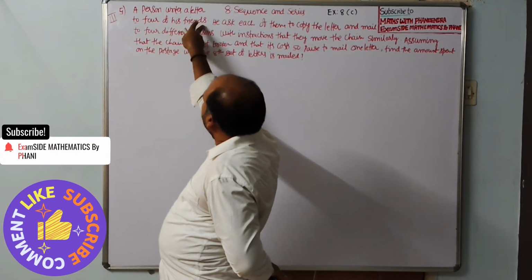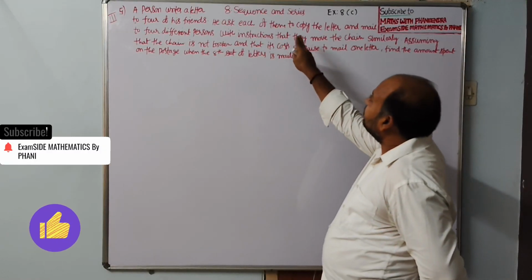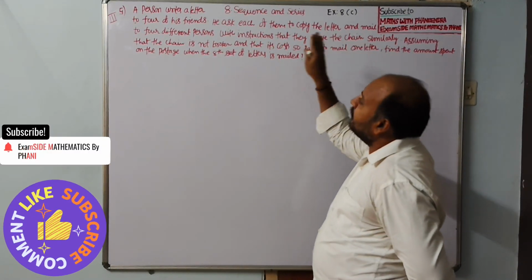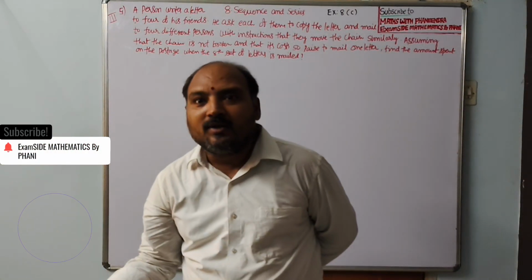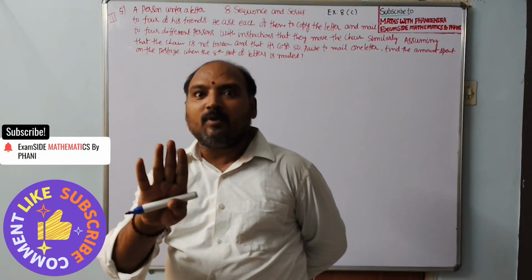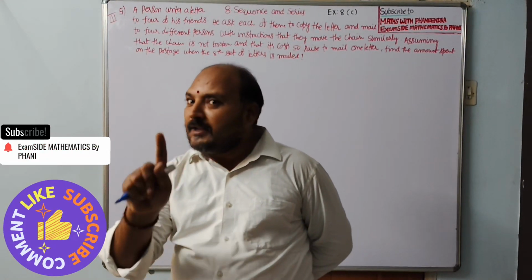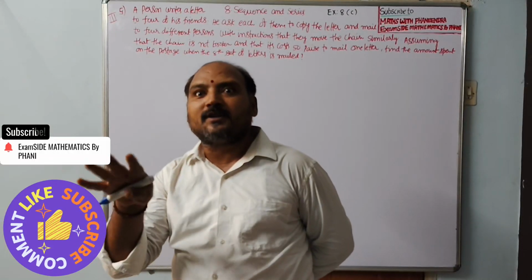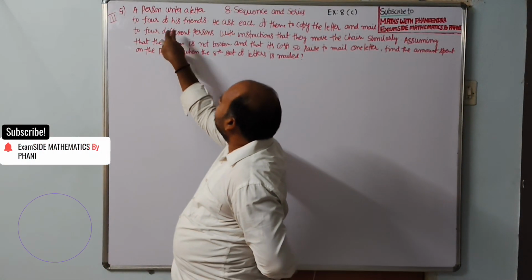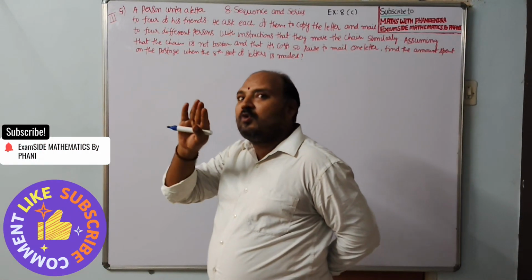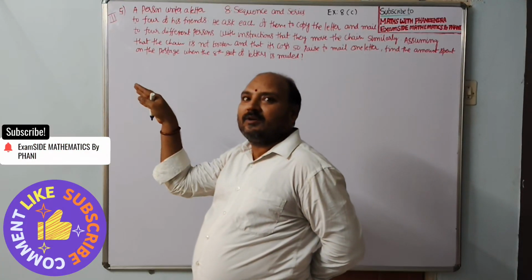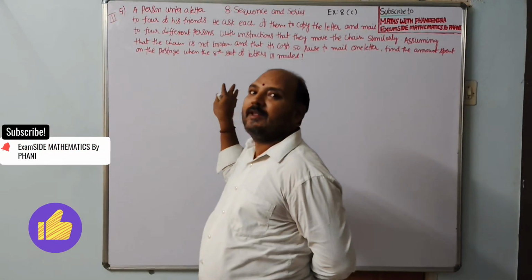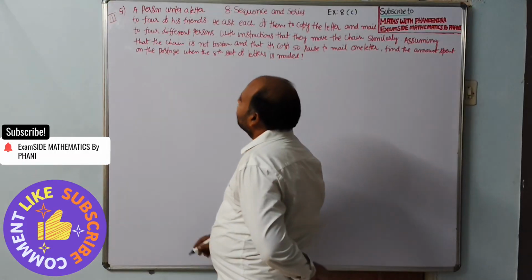He asks each of them to copy the letter and mail to 4 different people. So in the first stage, it will be 4. Again, each person mails to their 4 friends, so 4 different persons. So 4 increases to 4 square. Next 4 cube. Like this it will go on, dear students.